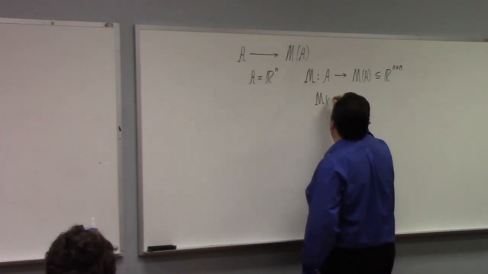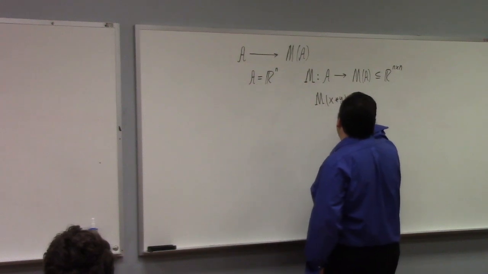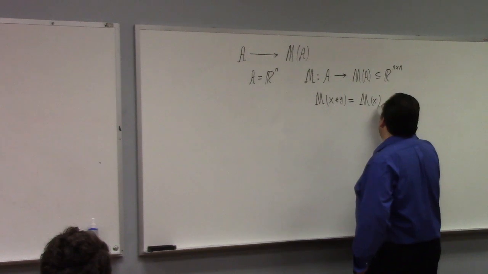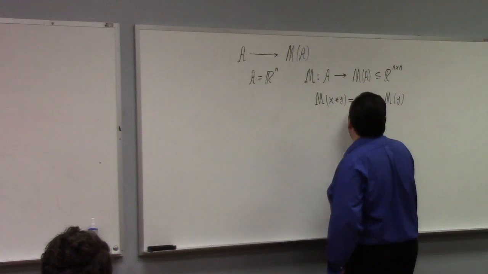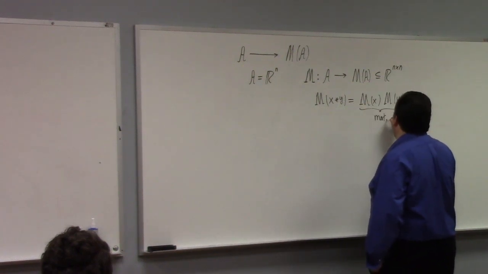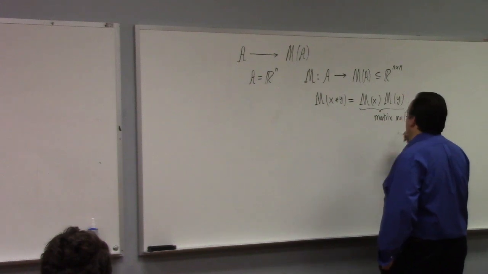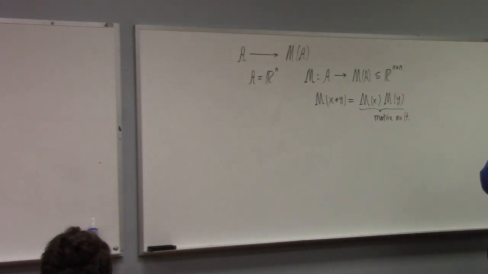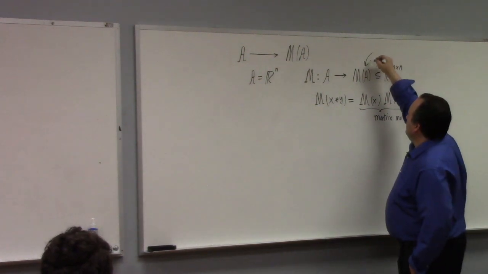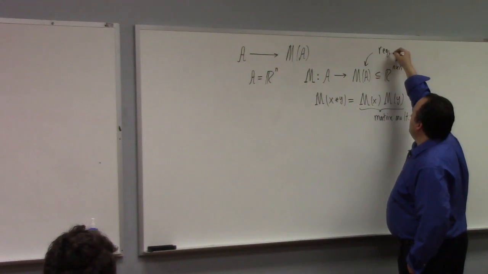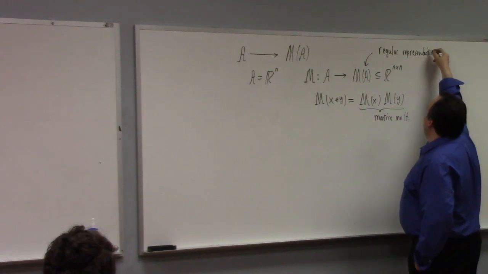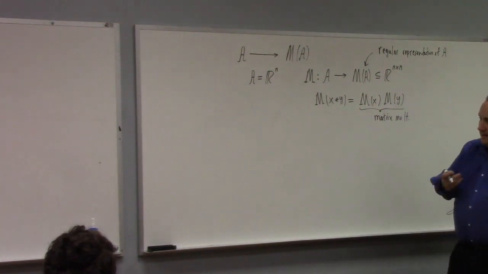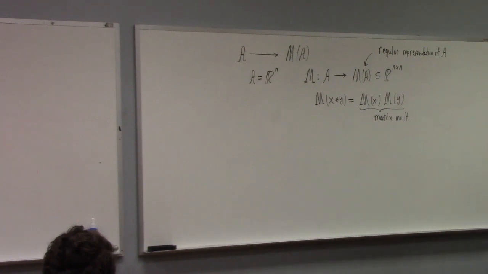And big M of x times y has to be equal to big M of x times big M of y. So this over here is matrix multiplication. That over there is algebra multiplication. And this is called the regular representation of the algebra.